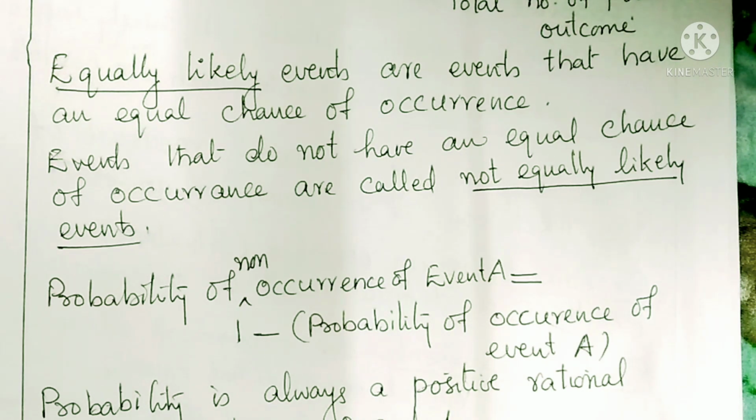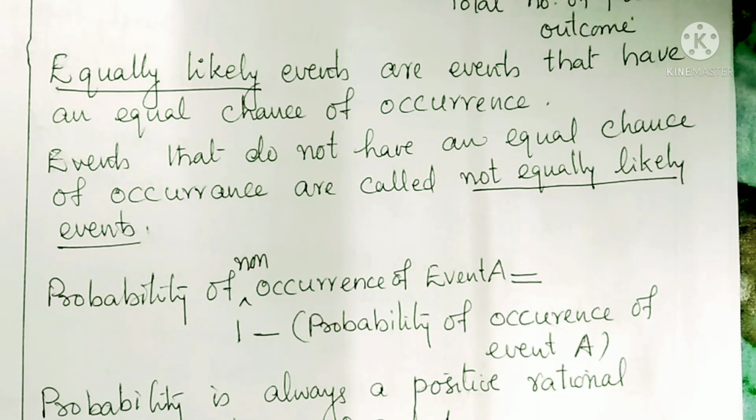So the events do not have equal chances, or the number of outcomes may have different values. Such events are called not equally likely events. Whereas if the two outcomes are equal in chances, then we call them equally likely events.